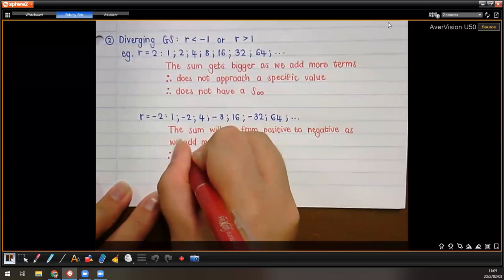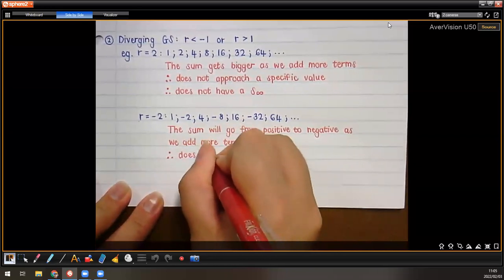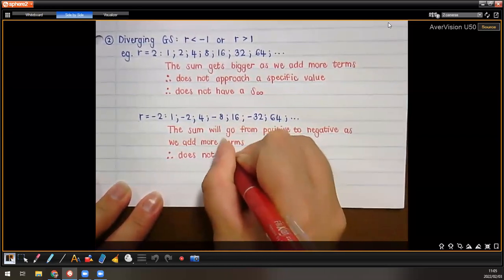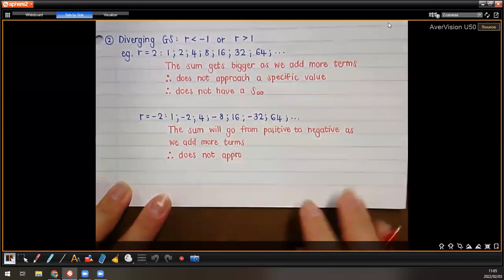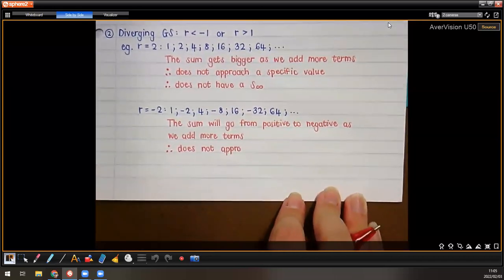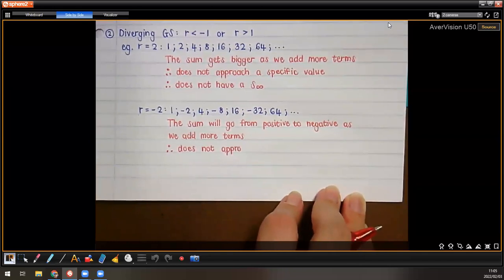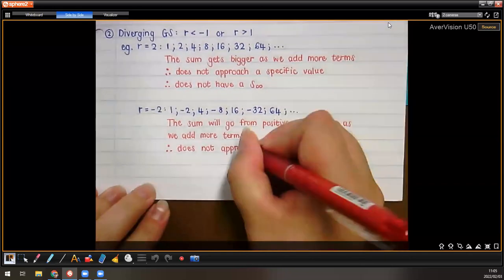Therefore, again, the bottom line is it will not approach a specific value. And that's what we are talking about when we're talking about a sum to infinity, where the sum is getting closer and closer to one specific value as you are adding more terms.